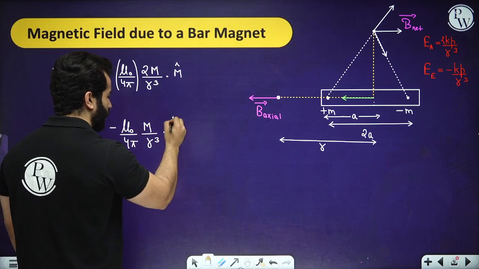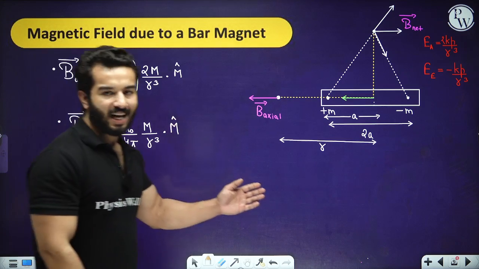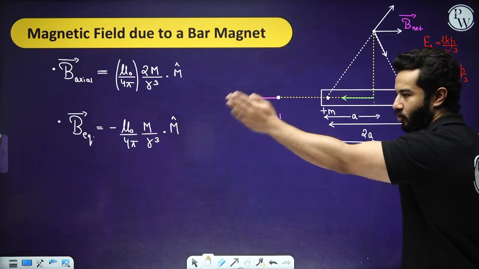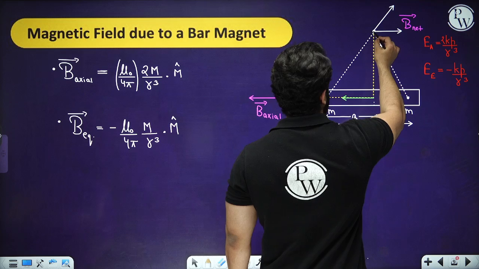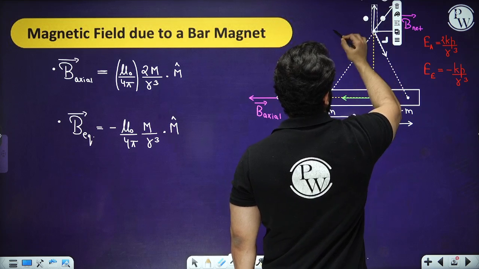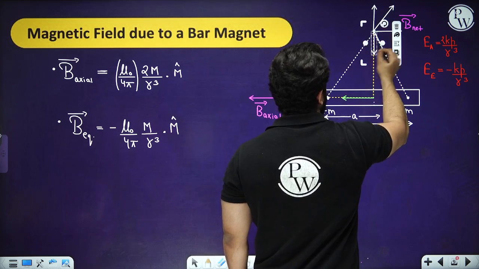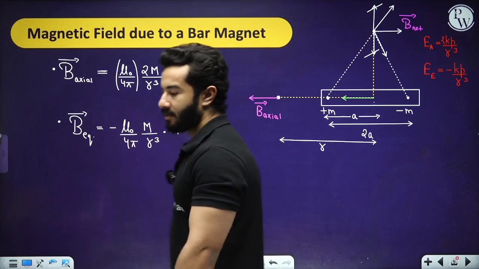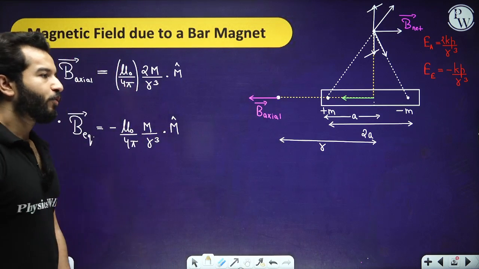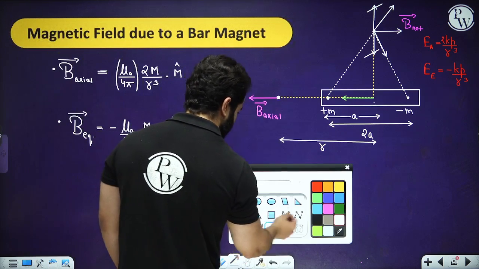That is what we are trying to say: the direction of the magnetic moment is in this one, but the net magnetic field will be in this direction, for a simple reason that the vertical components are going to cancel out each other and the horizontal components will add up, something like that. Hopefully everything is clear with this concept.